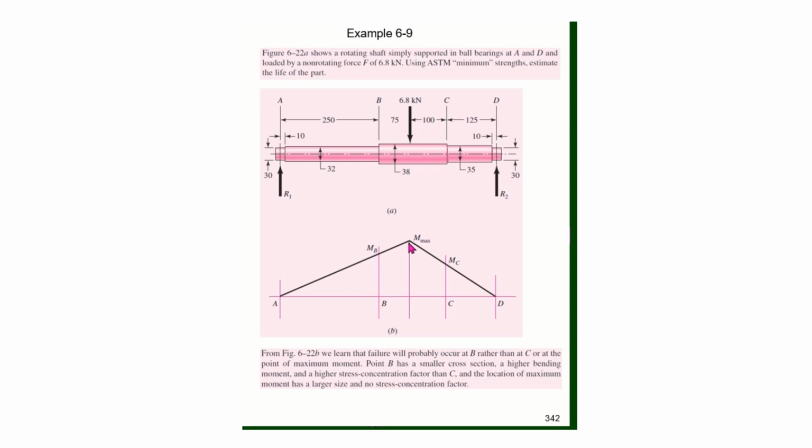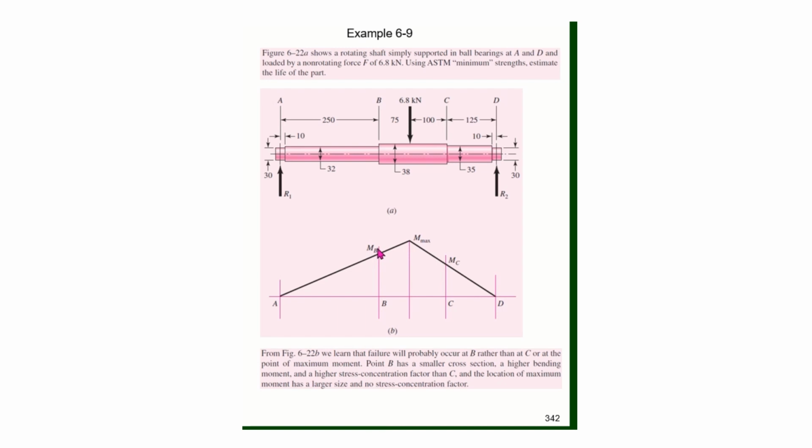It's also important to compute the endurance limit and essentially solve the problem completely for this point where the maximum moment occurs, as well as point B, because the endurance limit and other factors can be different at this point as compared to point B due to the stress concentration factors and possibly the finish.